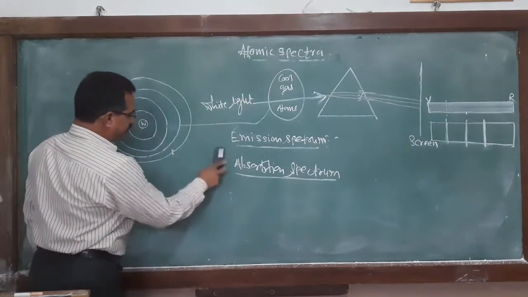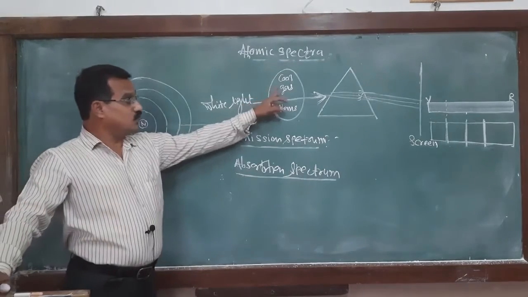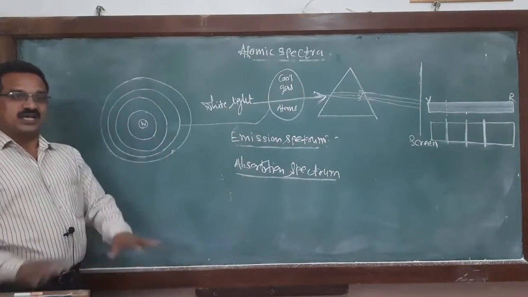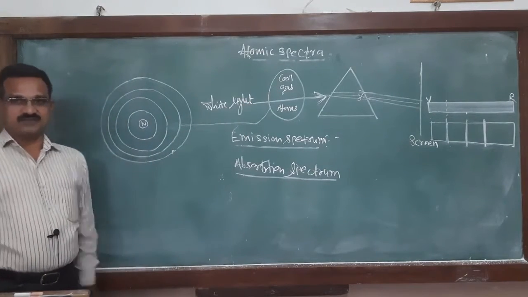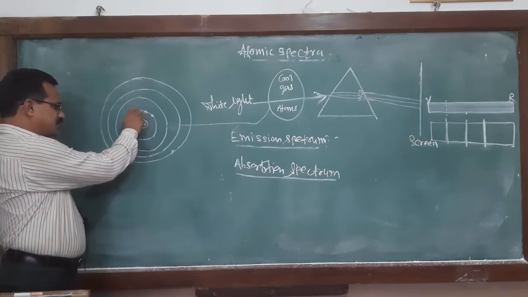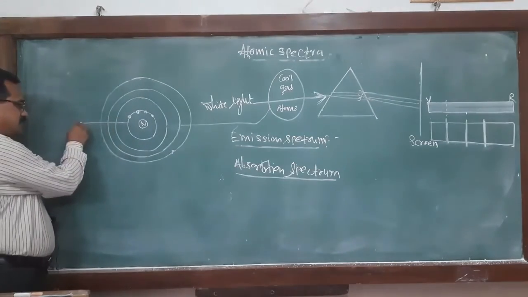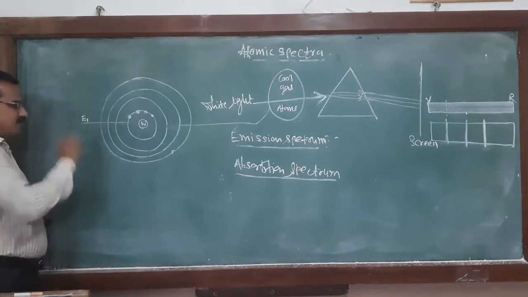If the gas is in cool condition, its electrons are in the ground state. Suppose all these electrons are in the ground state, and that ground state energy we call E1.